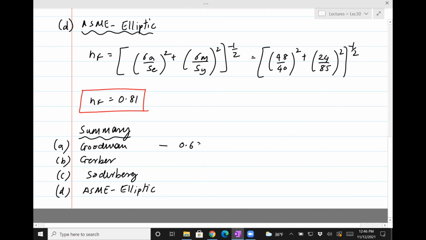So 0.69, 0.8, 0.67, 0.81. Yes, for this is the most conservative, and this is the least conservative.